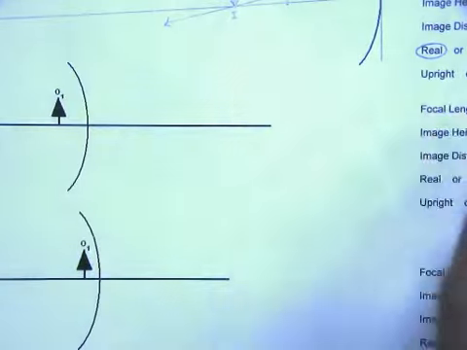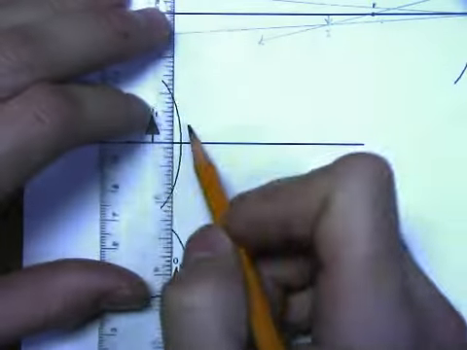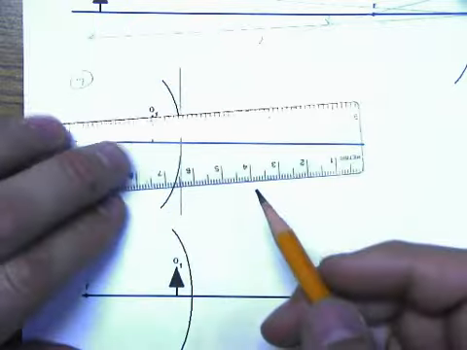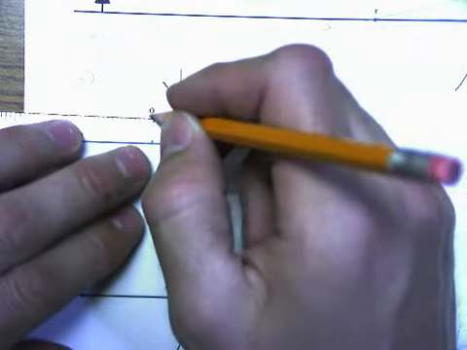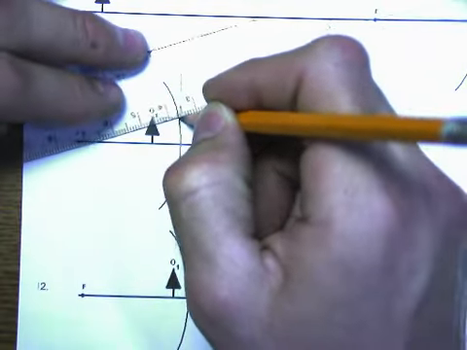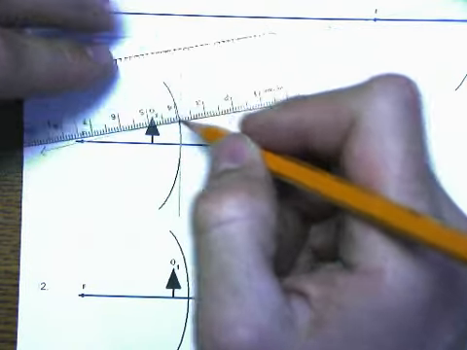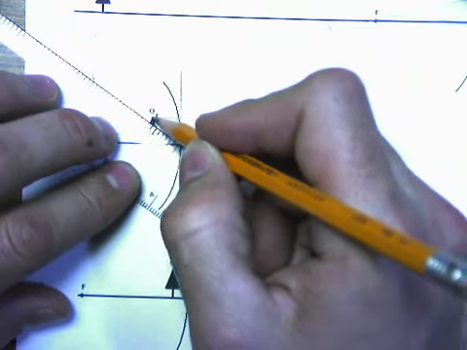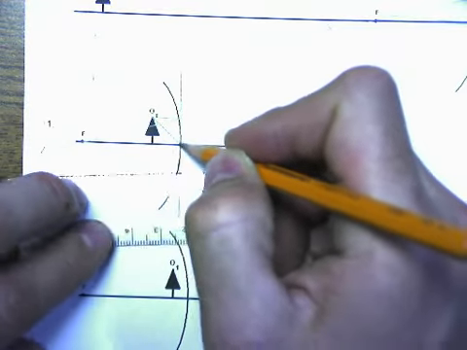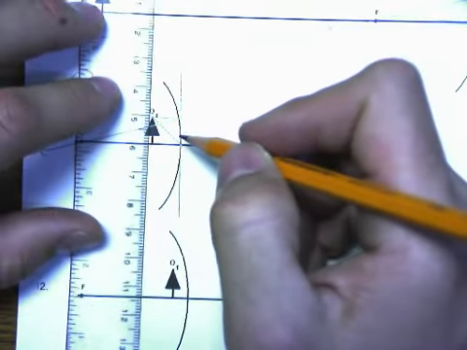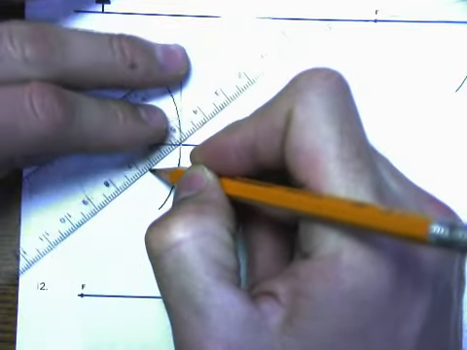Number 7, again I start with the principal plane. Always draw your line to the principal plane through the focus, and then I'll go to the middle and then up 1 centimeter, down 1 centimeter.